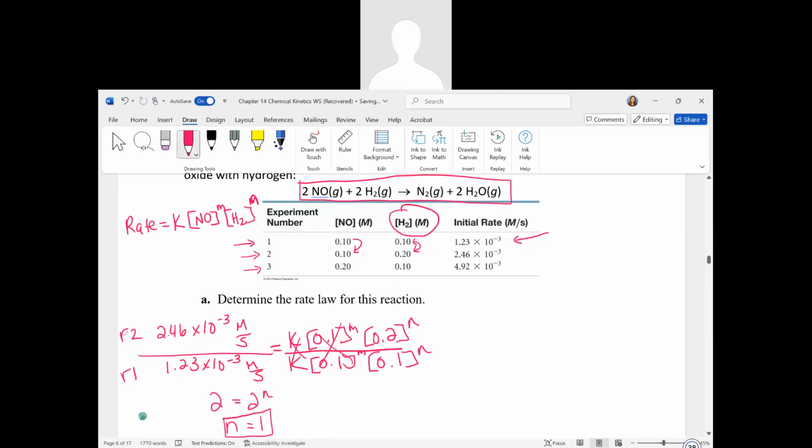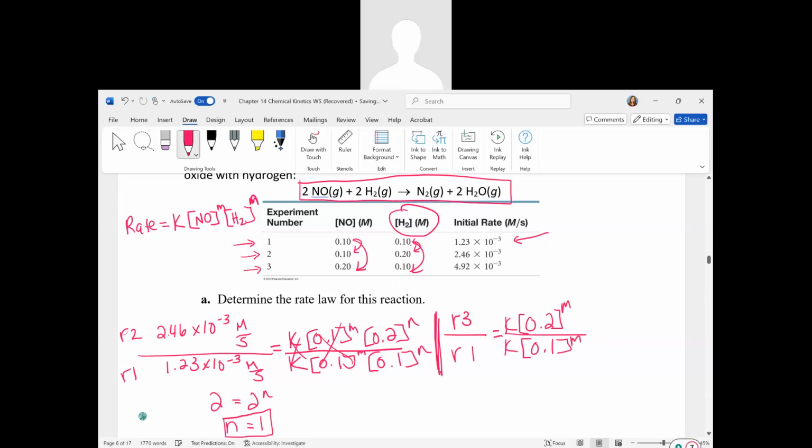Let's take a look at what equations we could use to solve for the order with respect to nitric oxide. If we were to take reaction 3 and compare it to reaction 1, for example, we could, because we're changing nitric oxide there, but then we would be holding the H2 constant. So we know our Ks will cancel out. Let's compare reaction 3 to reaction 1 here for nitric oxide.